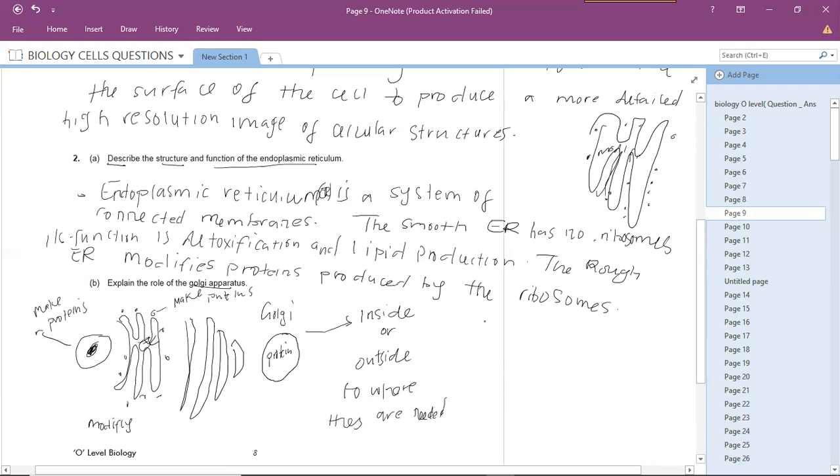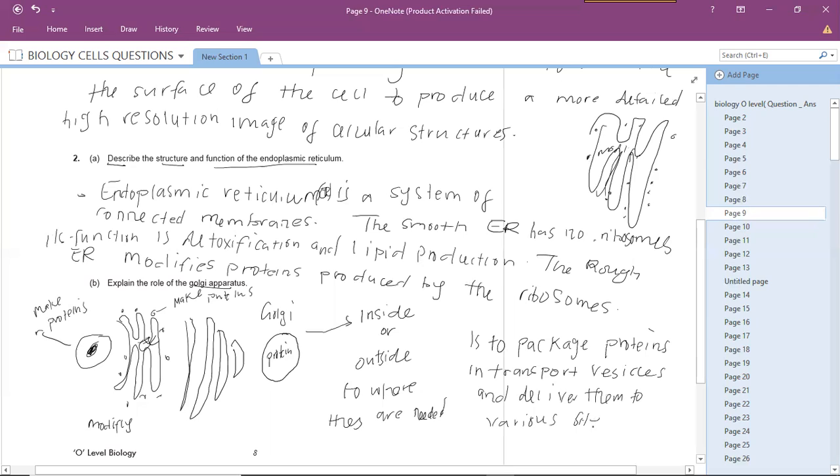So the function of the Golgi apparatus is to package proteins in transport vesicles and deliver them to various sites.